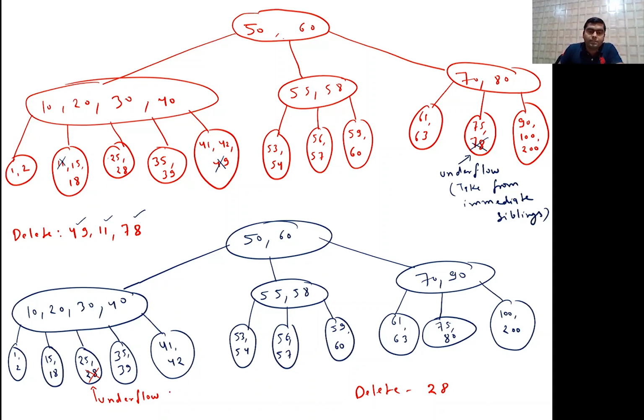So take from immediate sibling, take from sibling, then if not available, then what will we do? Then merge and combine. In the case of combine, I am going to draw this again. So 50 and 60 is going to be the root node. So the root node is 50 and 60.